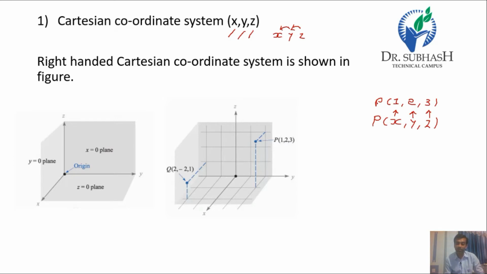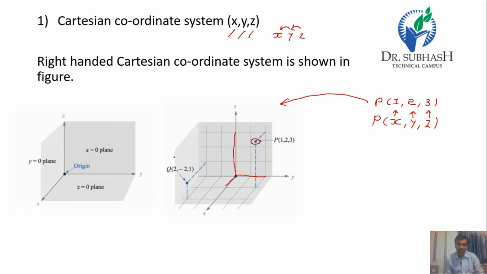The representation of point P is shown here. On the x-axis we move 1 point, on the y-axis we move 2 points and on the z-axis we move 3 points. Then the intersection of x, y and z at this point is the location of the point P.